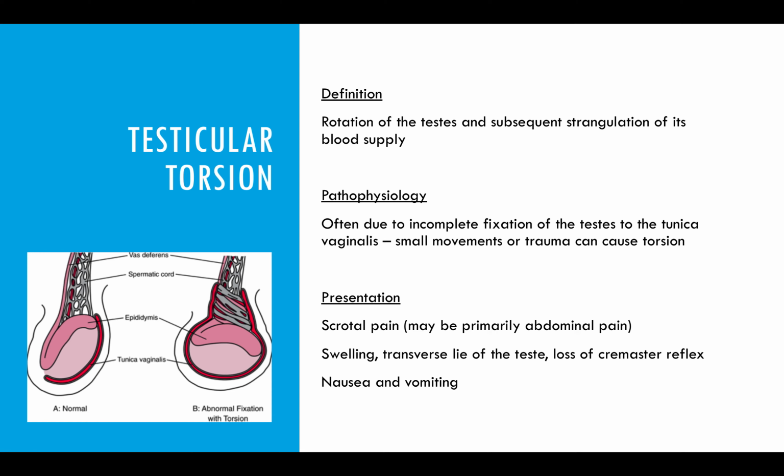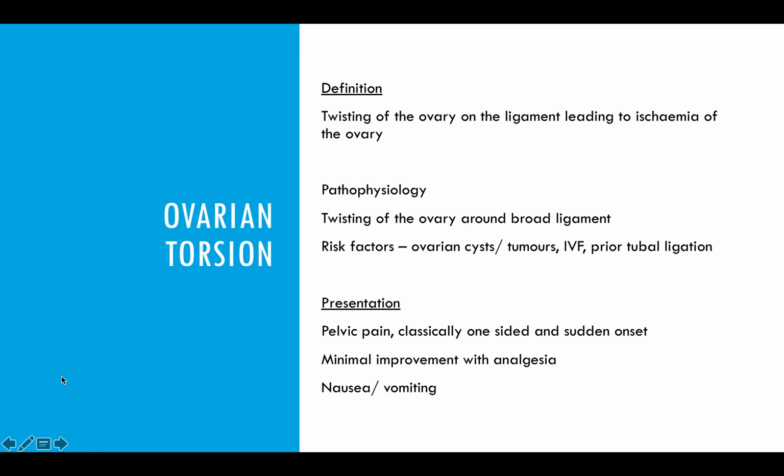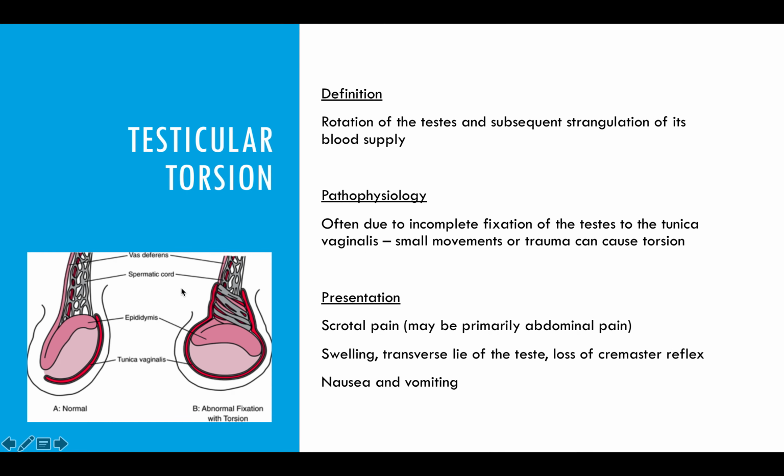I'm not sure how much embryology you guys did, but there's a thing called the gubernaculum, greatest name ever, that basically pulls the testes down in embryo down into this area, and basically tethers them here inside the scrotum.